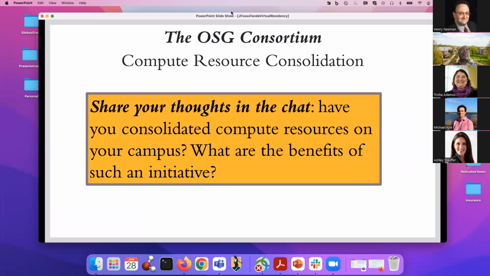I know at my campus, various departments have various resources, and everybody operates in their independent island and they don't share. Sometimes these computers sit idle, nobody's using them. So it will make sense to consolidate all these resources and make them available to the wider community. I think there is a lot to gain by consolidating rather than operating at an individual level.